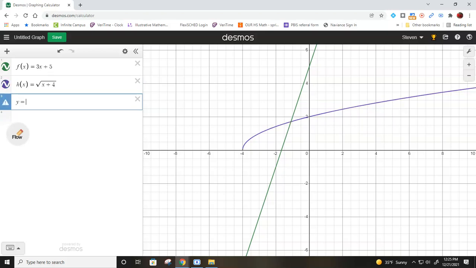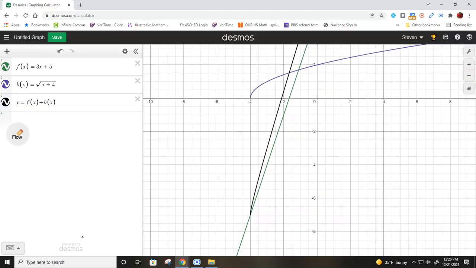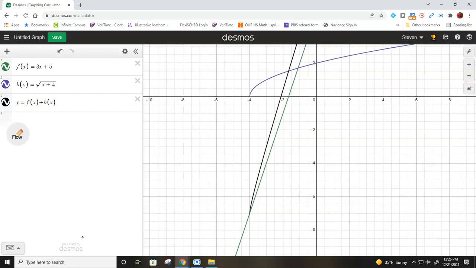If I come now to y equals f of x plus h of x, what's going to happen to this graph? You notice on this black one, when I add those together, this starts at x equals negative 4. Because when x is less than negative 4, I can't find a value for h of x, so I can't add them together. So again, we're looking at those separately.